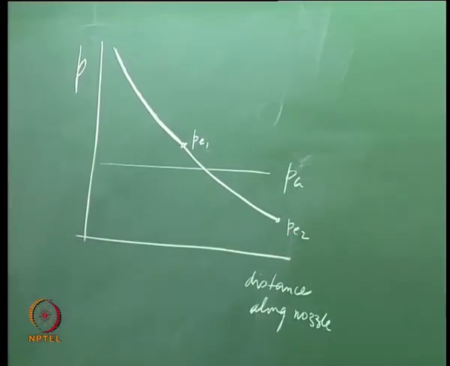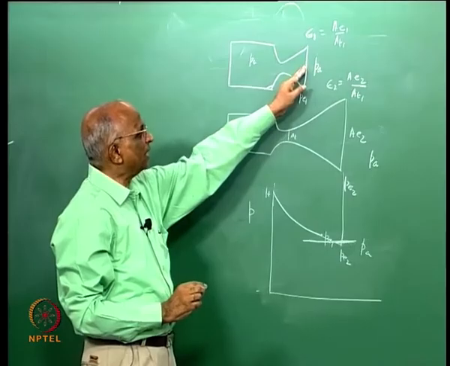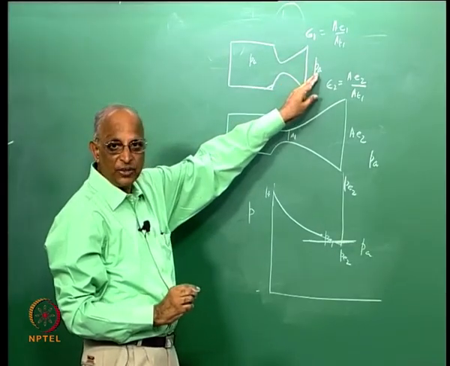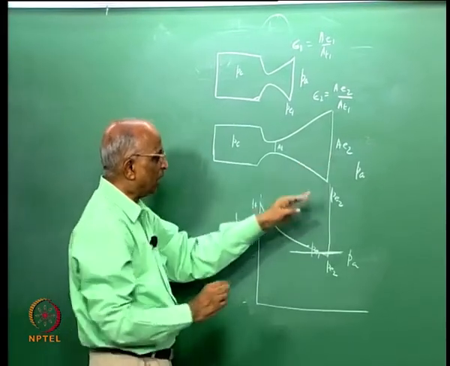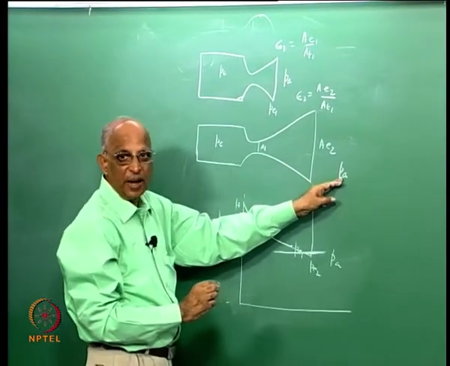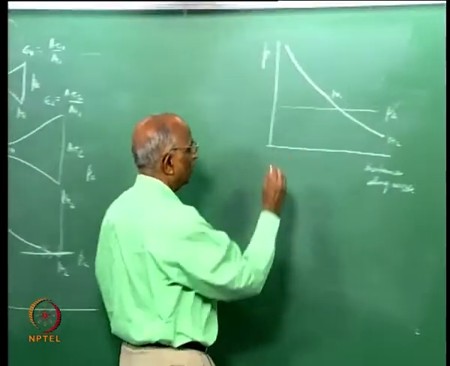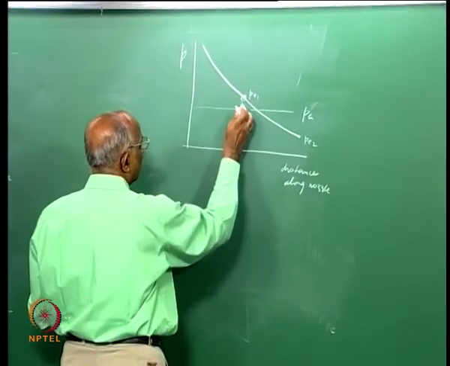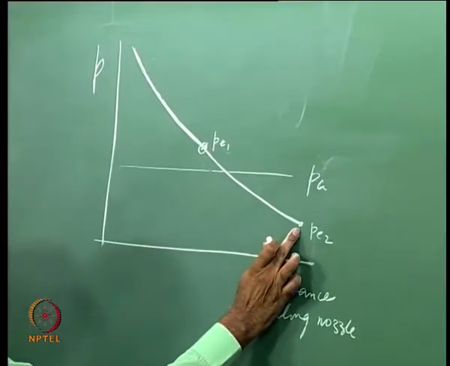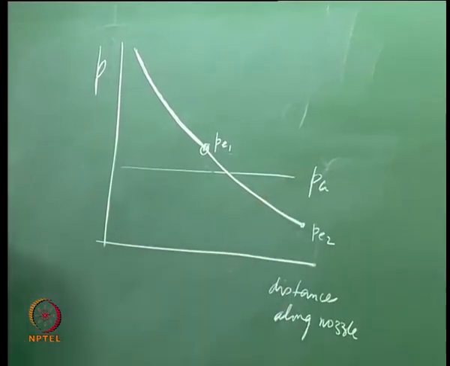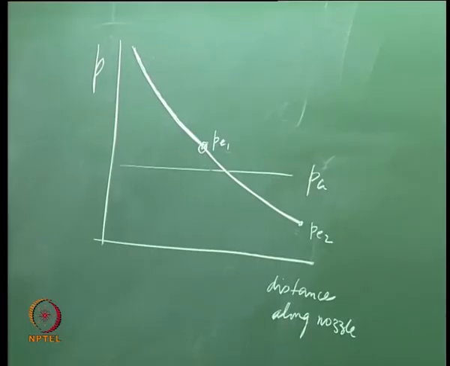Therefore in the first case what is going to happen? The pressure at the exit is greater than the ambient pressure. In the second case the pressure at the exit, that is PE2, is less than the ambient pressure, and this is what this graph tells you. Pressure at the exit for the first nozzle, which is small, is higher than the ambient pressure. Pressure at the exit is less than PA. Therefore what is it I have done in the first case?